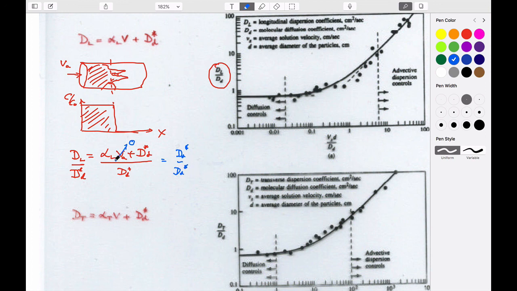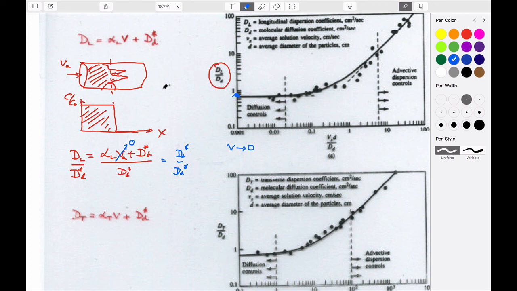So if you have no flow in here, you have only diffusion going along your core, and you measure that diffusion rate, then you'd expect to recover a value of 1. So at very low values of velocity, you'd get a value of this diffusion rate equal to 1.